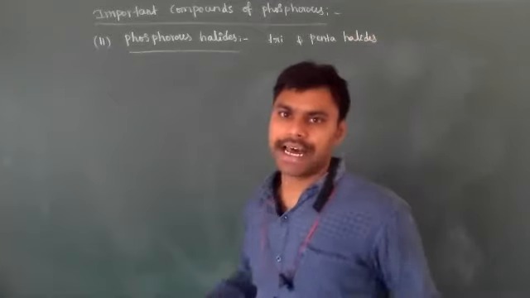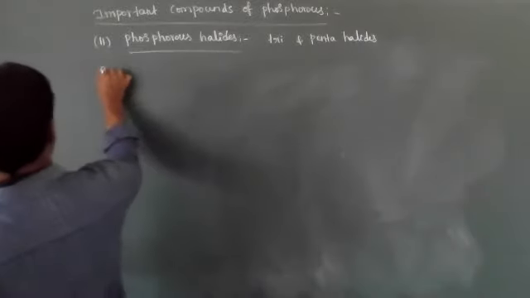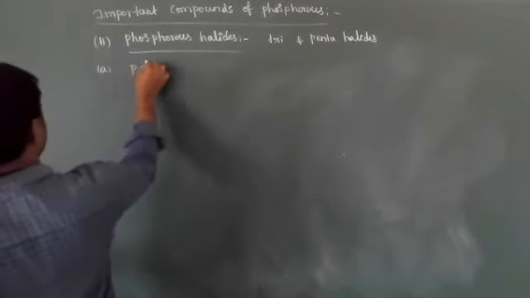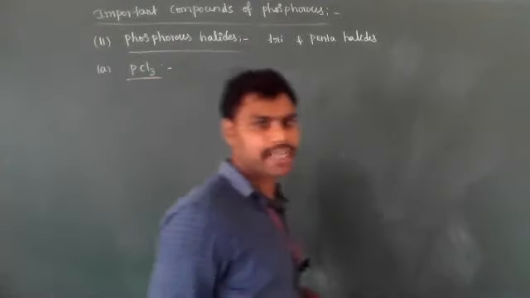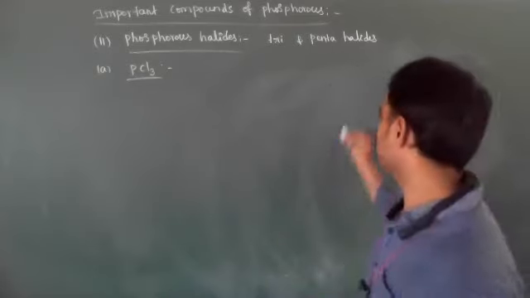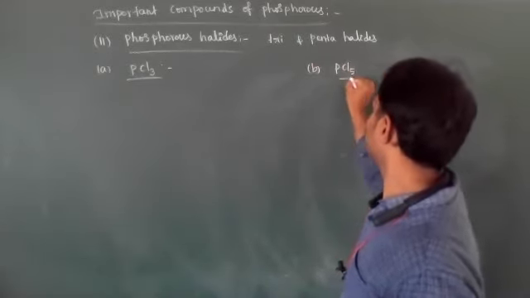Among those, chlorides are very important. The first one is phosphorus trichloride, PCl3. And the second one is phosphorus pentachloride, PCl5.